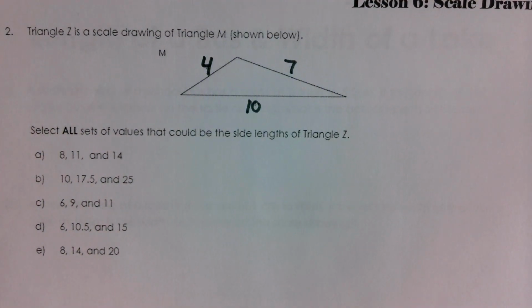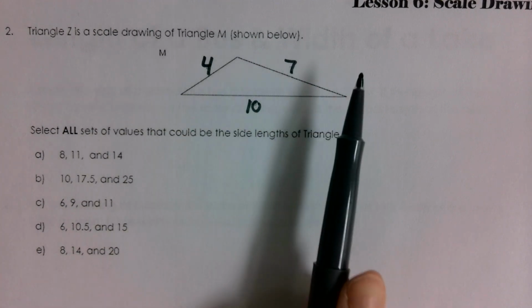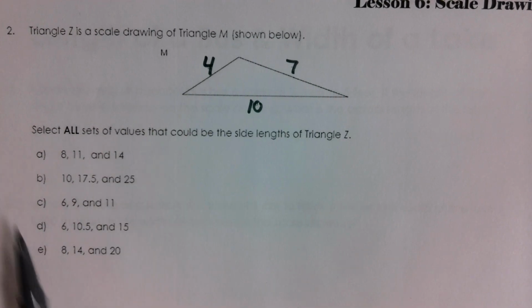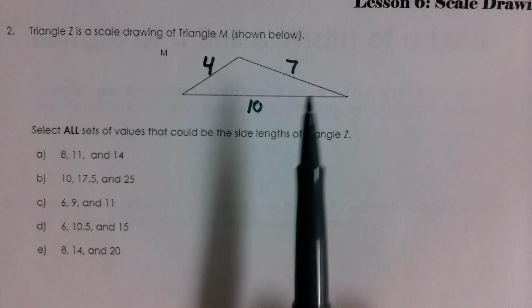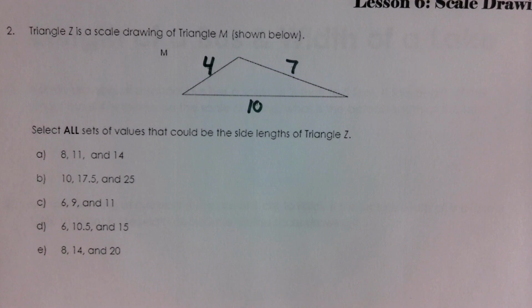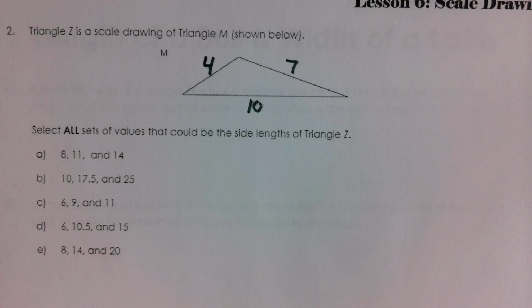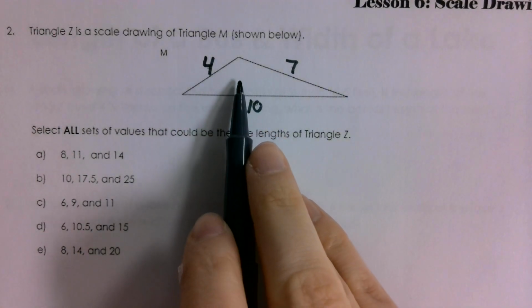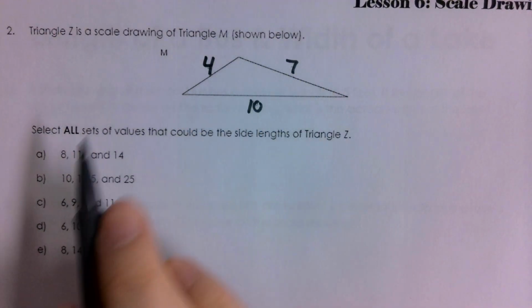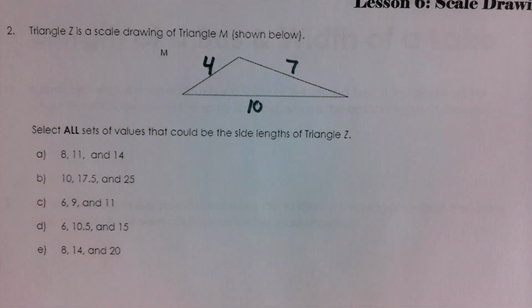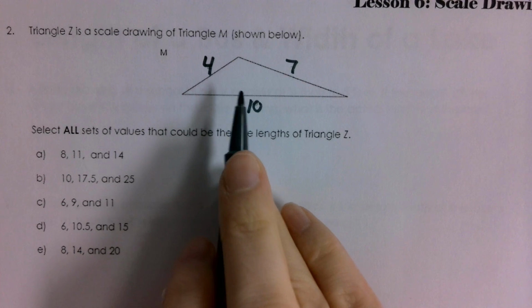What we want to know is which one or all sets could potentially be scale drawings of this, meaning that they are proportional to this. So what we want to figure out is how can we get from here to here by a scale factor. We're going to set up a proportion.